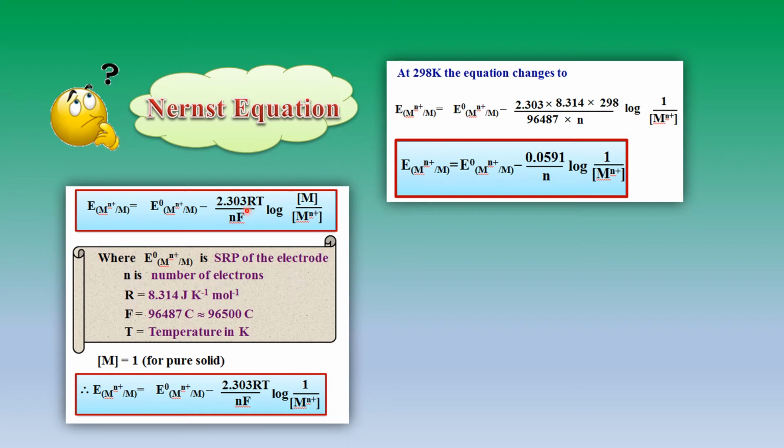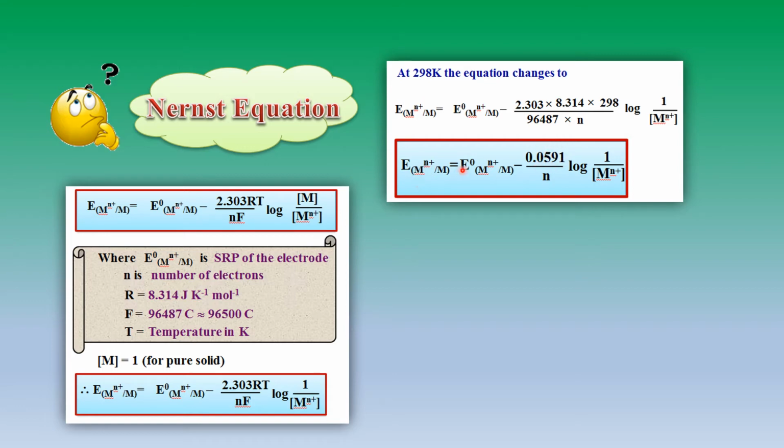If I substitute the R value, T value and Faraday value, the equation is like this: E equals E naught minus 2.303 times 8.314 times 298 Kelvin, because it is mentioned at 298 Kelvin, and Faraday is 96,487 coulomb. The n value we keep, because it changes based upon the reaction, log 1 by Mn+. If you simplify all these terms, you will get the value.